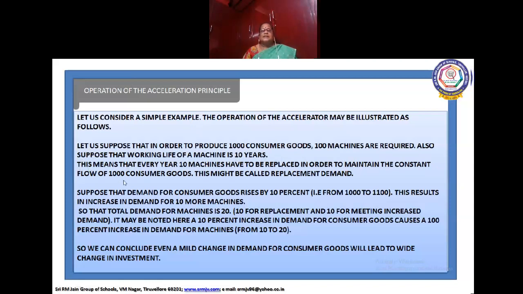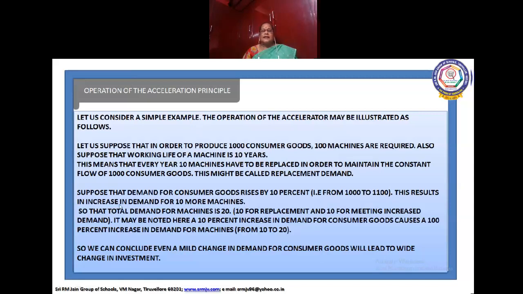This means that every year 10 machines have to be replaced in order to maintain the constant flow of 1,000 consumer goods. This might be called replacement demand. Suppose that the demand for consumer goods rises by 10%, that is from 1,000 to 1,100.